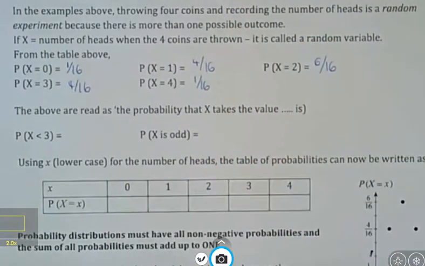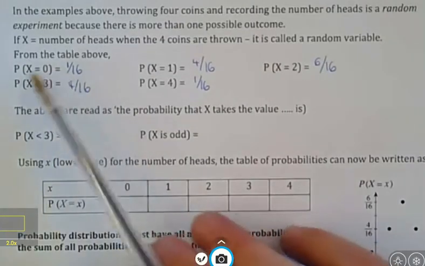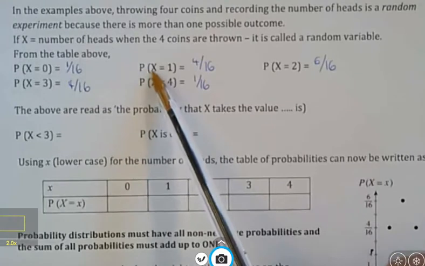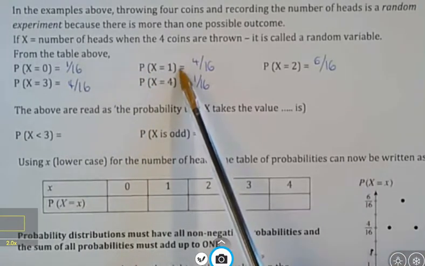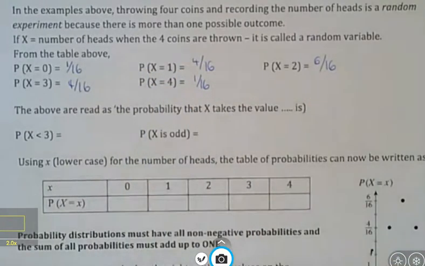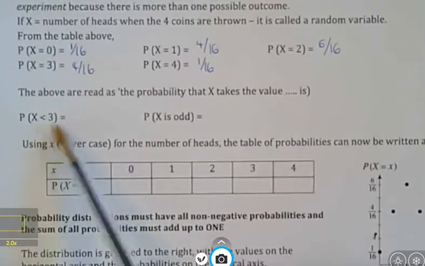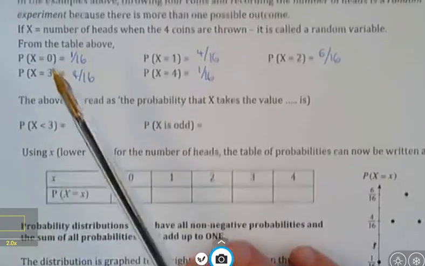Now, the way I really should be saying it is, what is the probability that X takes the value of 0? What is the probability that X takes the value of 1? And so on. What happens if I ask you, what is the probability that X takes values less than 3?